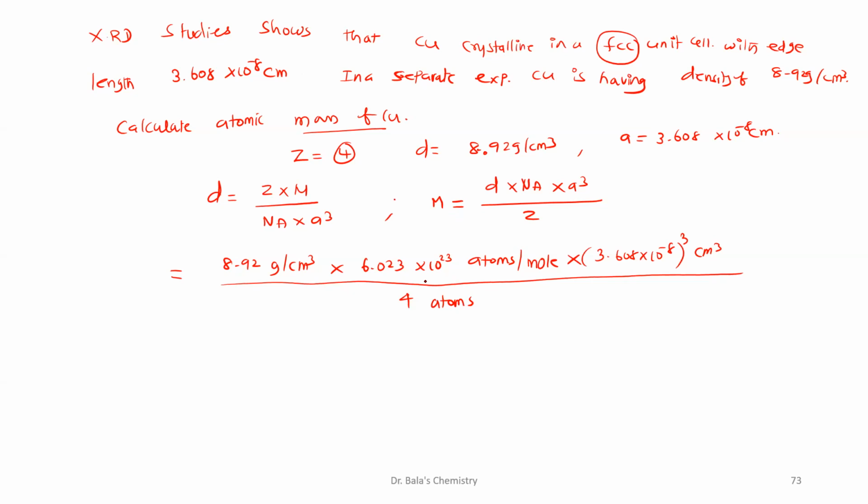Now we can cancel the centimeter cube. Atoms also get cancelled. Then the only units left are gram and mole. We know the molar mass unit is gram per mole. If we solve this, you will get 63.1 gram per mole. That is the mass of copper. Is that clear?